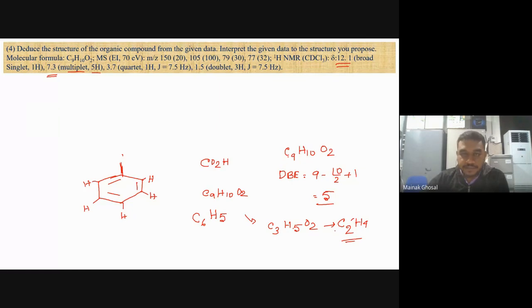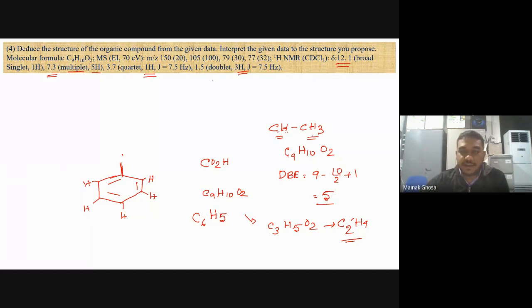Now you see what is left in your NMR data. You have 1 hydrogen quartet and 3 hydrogen doublet. That means the structure is like this. This is the 3 hydrogen doublet, and this is the 1 hydrogen quartet, because 3 hydrogens are there, so 3 plus 1 is 4. So this hydrogen gives a 1 hydrogen quartet, and these 3 hydrogens give a 3 hydrogen doublet.